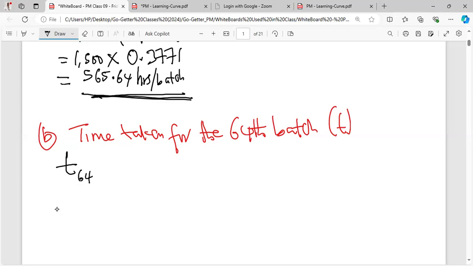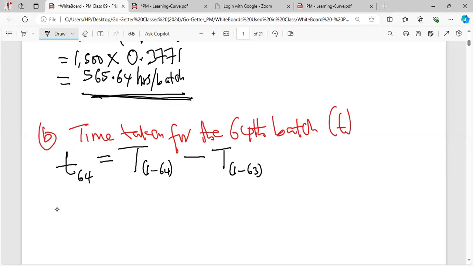This shows that the time taken for the 64th batch is equal to the time taken for the first 64 batches, which is big T, minus the time taken for the first 63 batches.